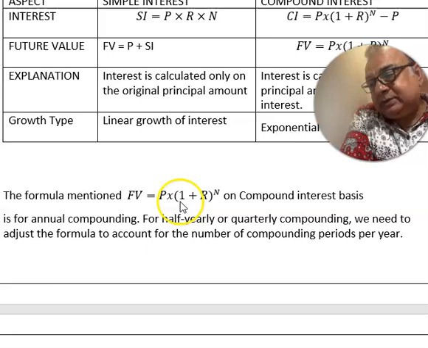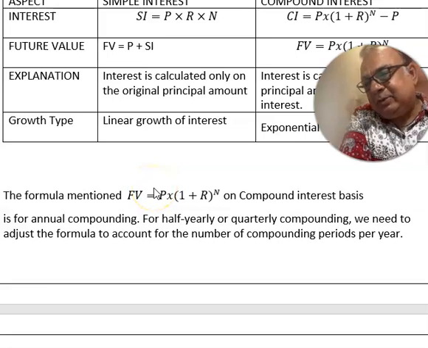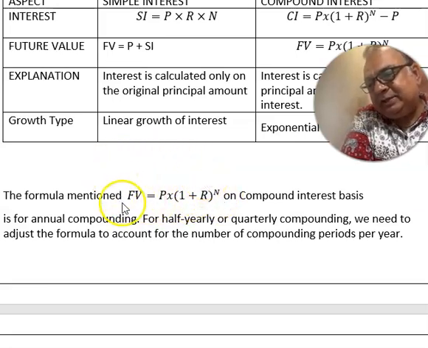This formula mentions P into 1 plus R on compound interest basis. If annually compound interest, then this formula is used. In examination, you will get maximum annual compound interest only.